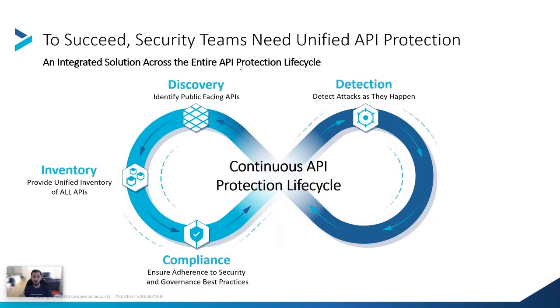Detection: we can detect the attack as it happens or even before that, because once we have the public facing API, we will be sending out all the requests that we have and detect if there is a vulnerability or not. It can be a batching vulnerability, a directive overloading or introspection vulnerability, or injection vulnerability, anything. So we can help you detect if there is an actual vulnerability present or not.